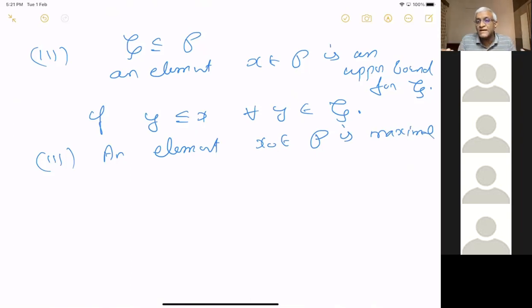It need not be the case that a maximal element is greater than or equal to all the other elements. There may not be any relation with the other elements. It is just that there does not exist anything which is greater than this. So maximal means: if y is greater than or equal to x naught, then y equals x naught. There is nothing which dominates this.